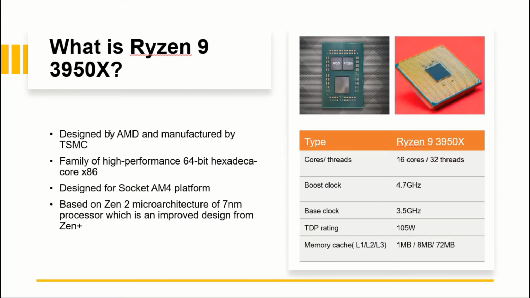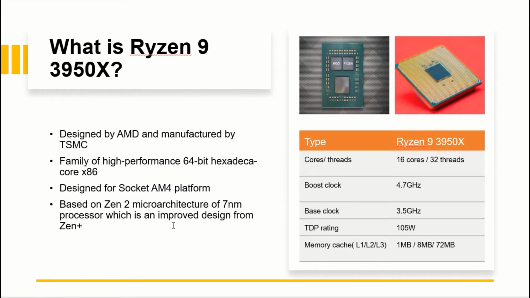This Ryzen 9 3950X is built with the Zen 2 microarchitecture, which is an improved architecture designed from Zen Plus, and it is a 7nm processor that has high performance using 3800 million transistors.